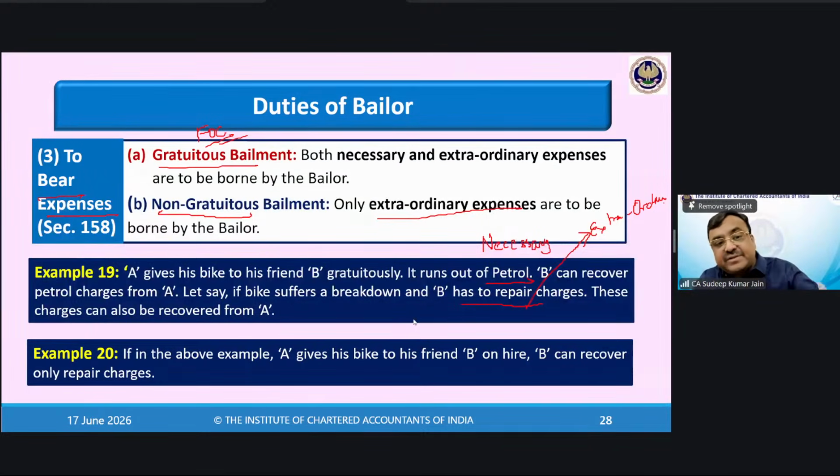But in example number 20, what is it saying? If in the 19th example, A gives the bike to a friend on hire, कुछ charges ले रहा है वो, that is non-gratuitous bailment. So in this case, he can recover only the repair charges. He cannot claim necessary charges, that is the petrol charges.